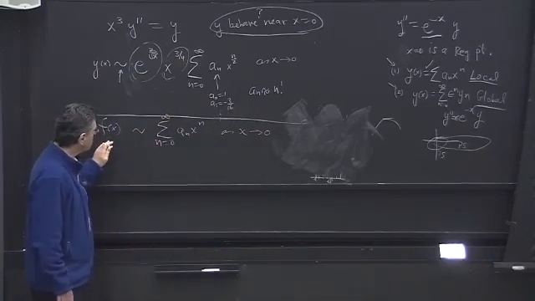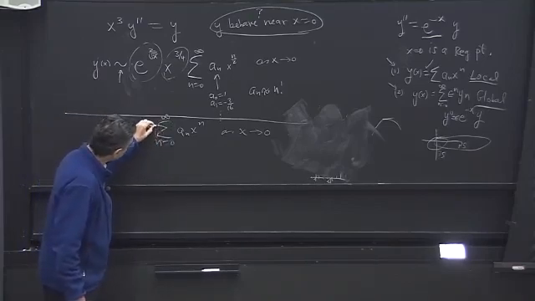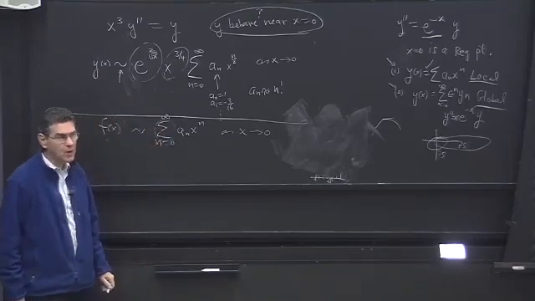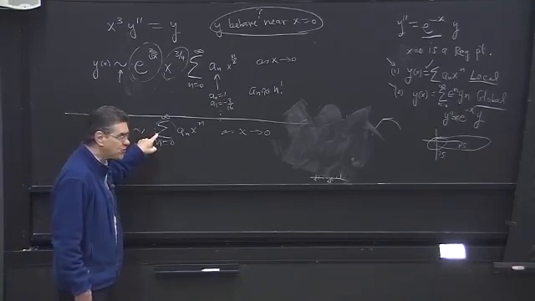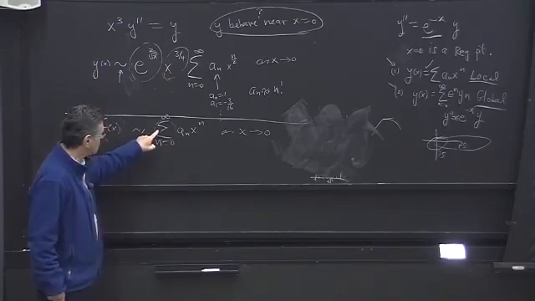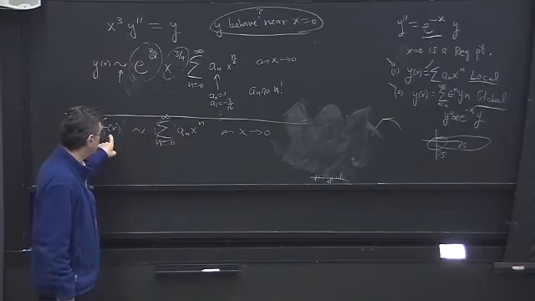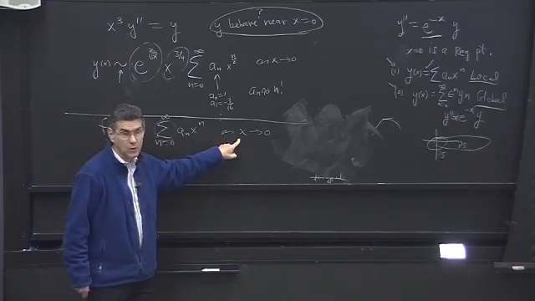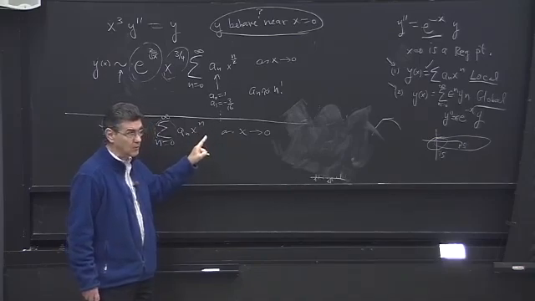Again, what does this mean? There's a reason why we use that sum sign. The reason is that each term in the sequence of partial sums becomes a better and better approximation to f as x goes to 0. Not as n goes to infinity, but rather as x goes to 0.